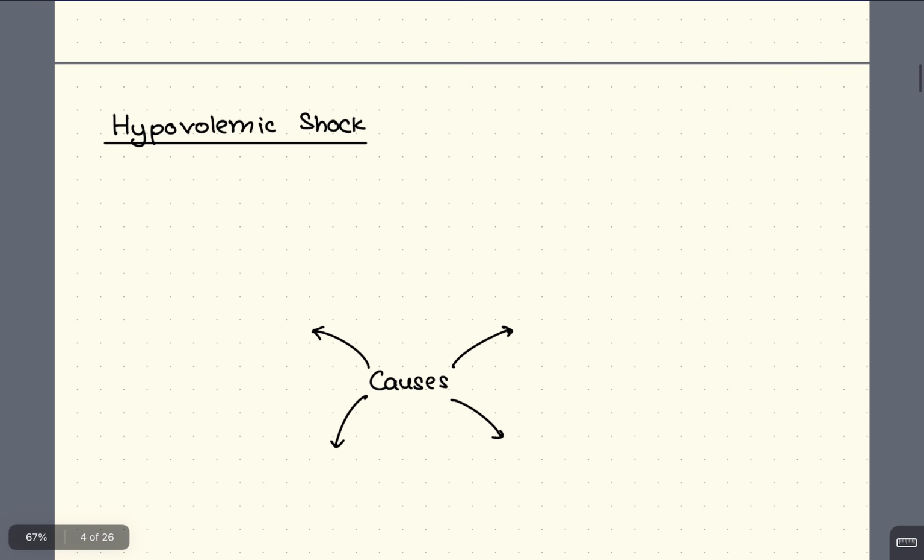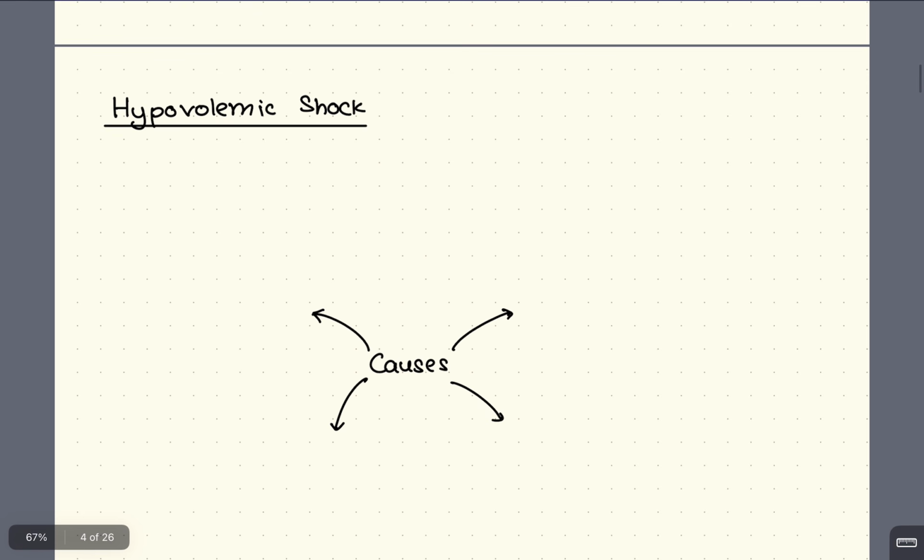Hypovolemic shock, by the word hypovolemia, means there is loss of blood volume. That is the main point here, and it is also called cold shock, about which we will discuss later. Now, the causes. What causes a reduction in the blood volume?